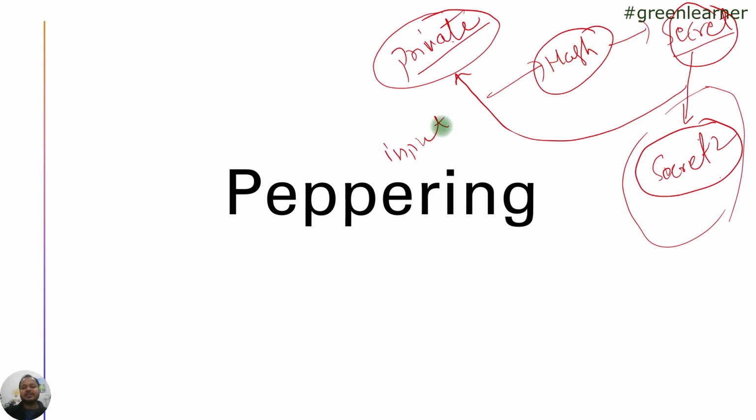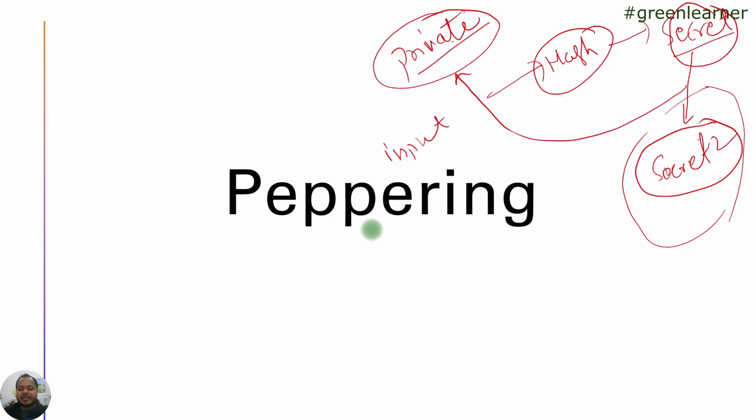When we add these layers, it secures the system further and makes the life of hackers very difficult in getting the original password and taking hold of the accounts of actual users. So salting and peppering add that layer.